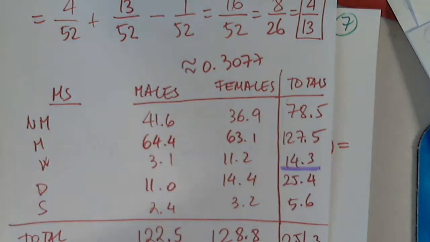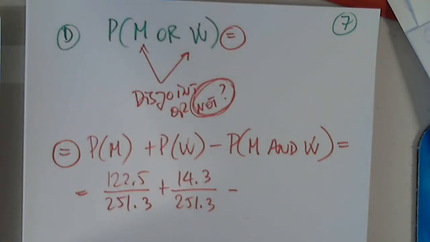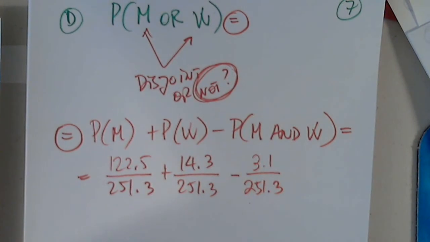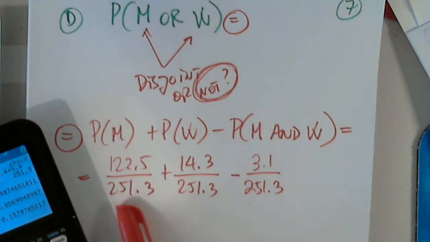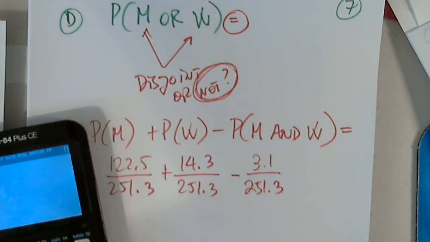Over the total. Exactly. They do share 3.1, and the probability for that will be out of the total. I used, of course, this because it's the same, the denominator is easy to calculate. 122.5 plus 14.3 minus 3.1.